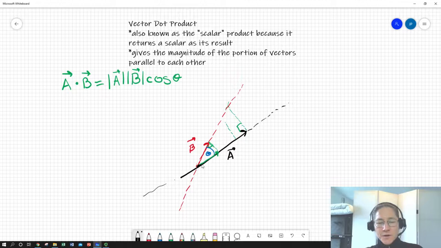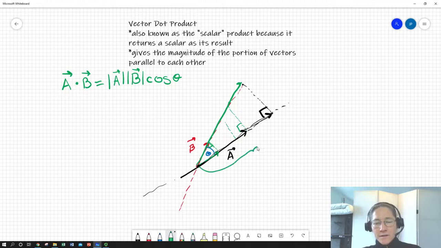I would have to move it up here, translate it down its line of action, drop a perpendicular such that vector A is the hypotenuse, and now the cosine of that angle multiplied by the full length of vector A would give me this portion.